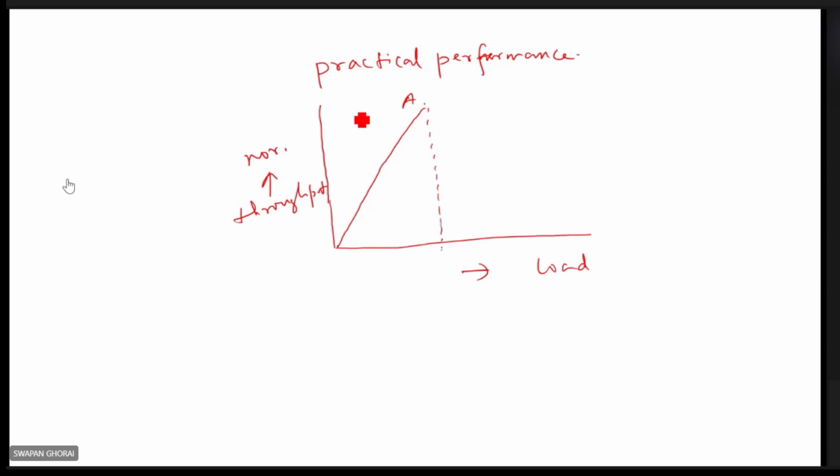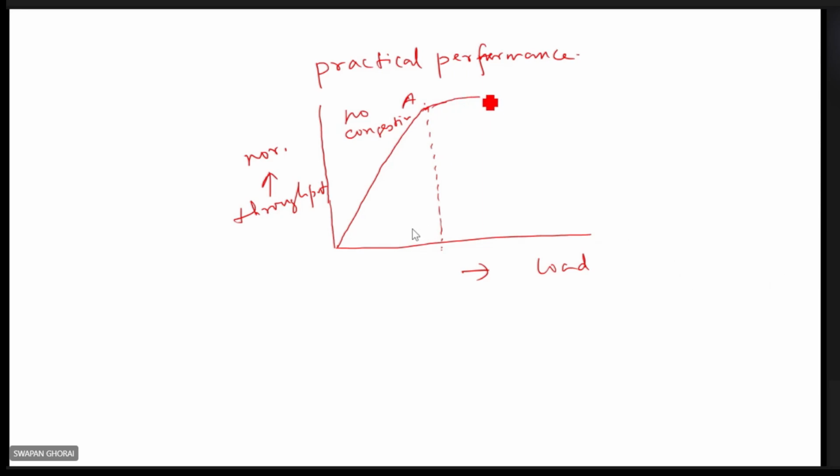This is the case when no congestion is here, right? But as you increase the load, the congestion will develop. At that time the throughput rate will be decreasing. It will not be the same rate. So delay will be there, right?